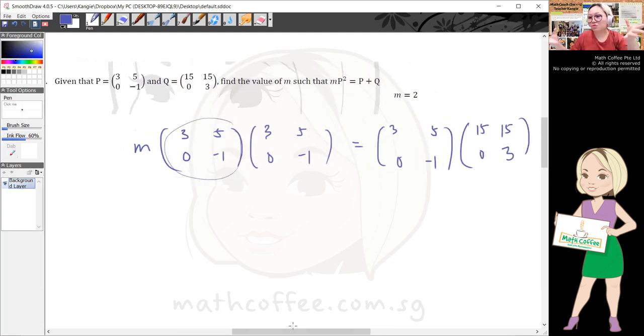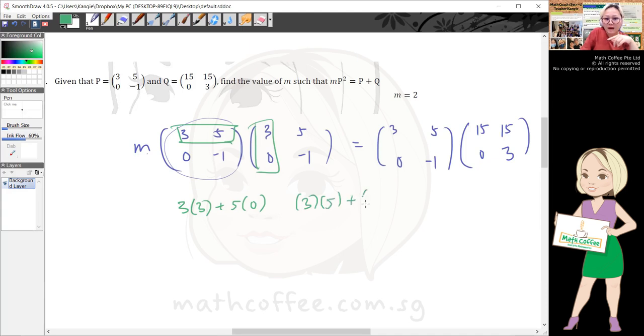So of course, you have to do 2 multiplications. The M, just leave it alone first, it's okay. So I'm going to do this and this. So it will be 3 times 3 plus 5 times 0. Okay, leave a space. Now go to the second column: 3 and 5 plus 5 and -1. And the second row here, it will be 0 times 3 plus -1 times 0.